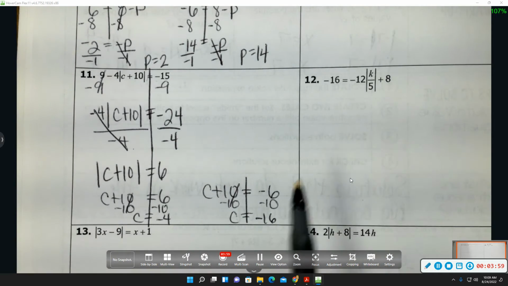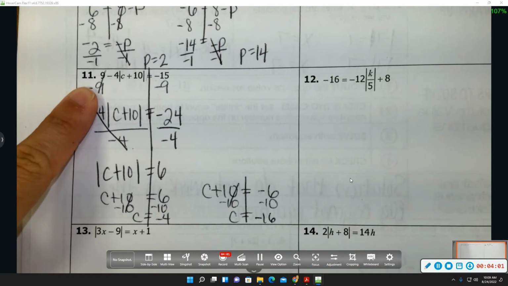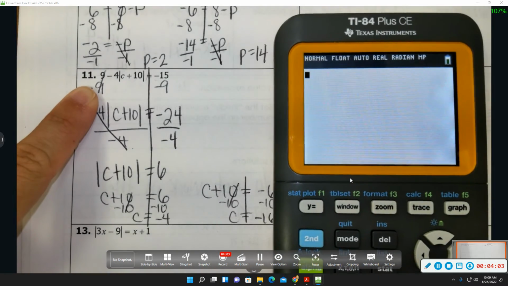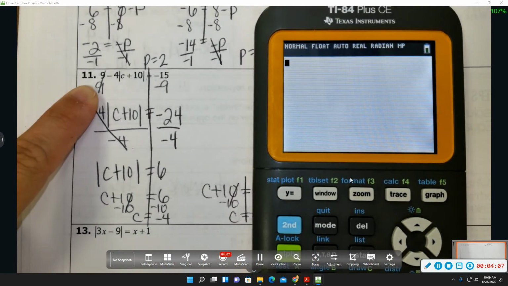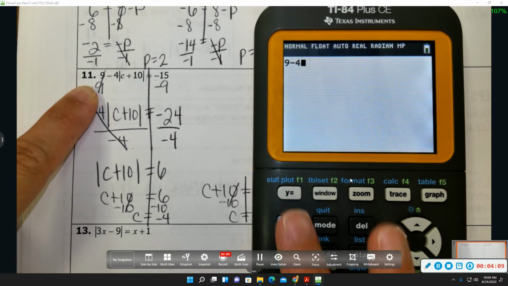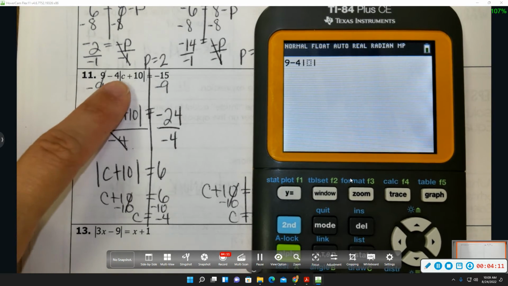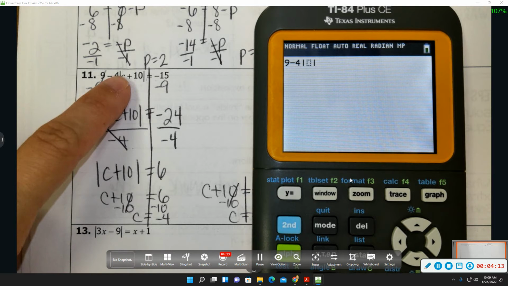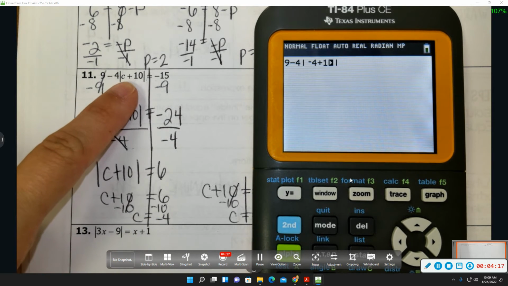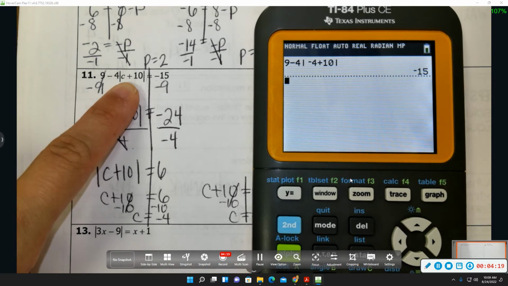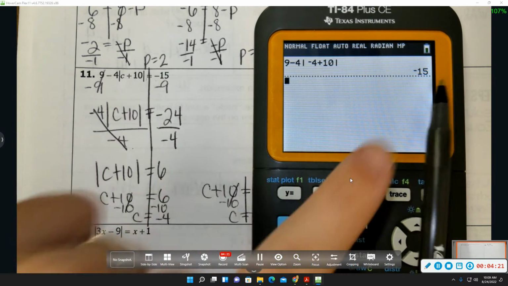And then once again, I'm going to take both of those answers and I'm going to go up to the top. So I'm going to do 9 minus 4 and then the absolute value. So C. So I have C is negative 4 plus 10. It gave me negative 15.